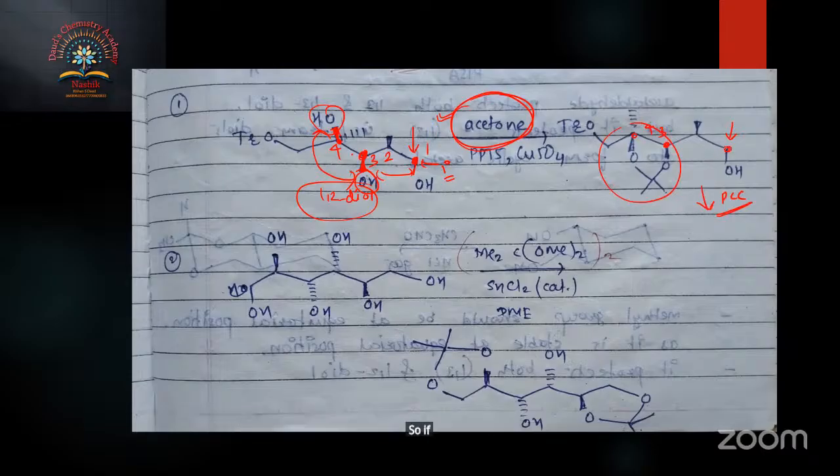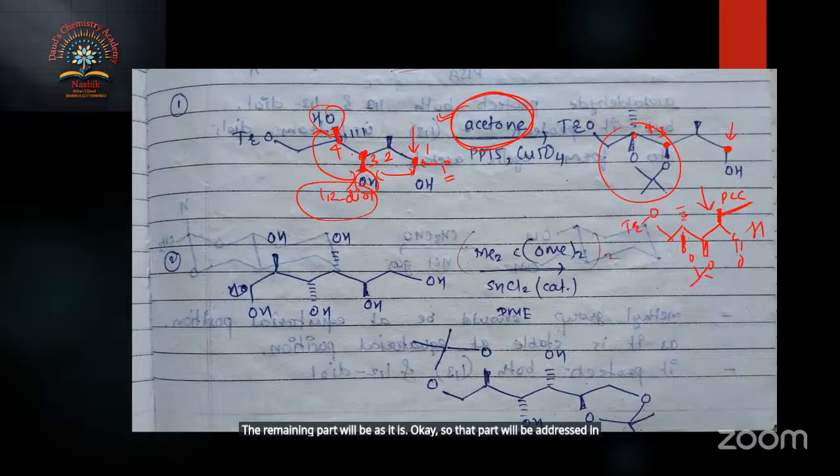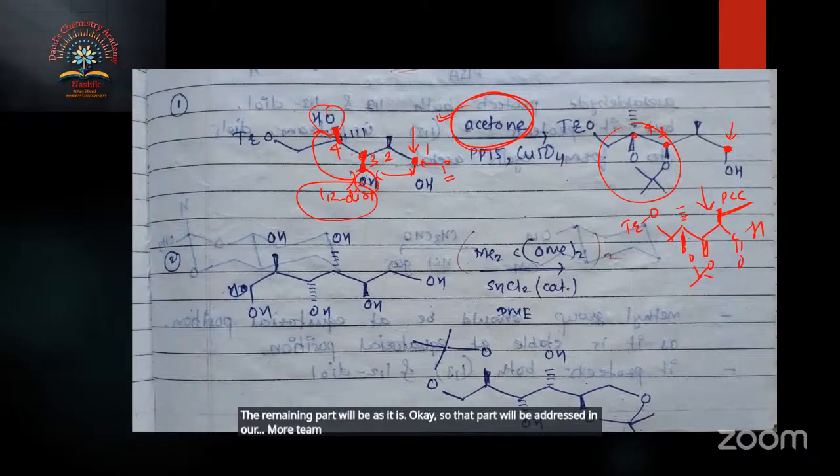If you do the oxidation, this OH will get converted into aldehyde, and the remaining part will be as it is. So it will not get affected by any other reagent.